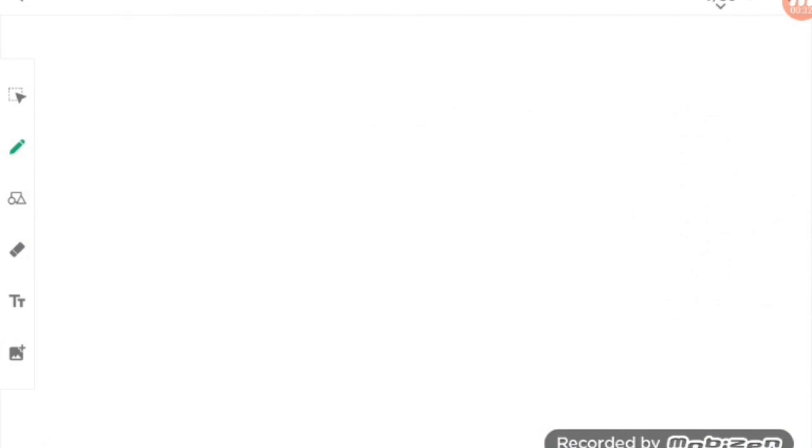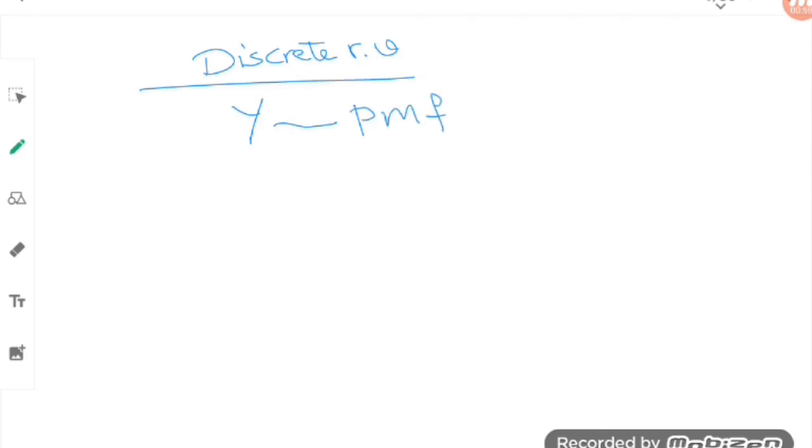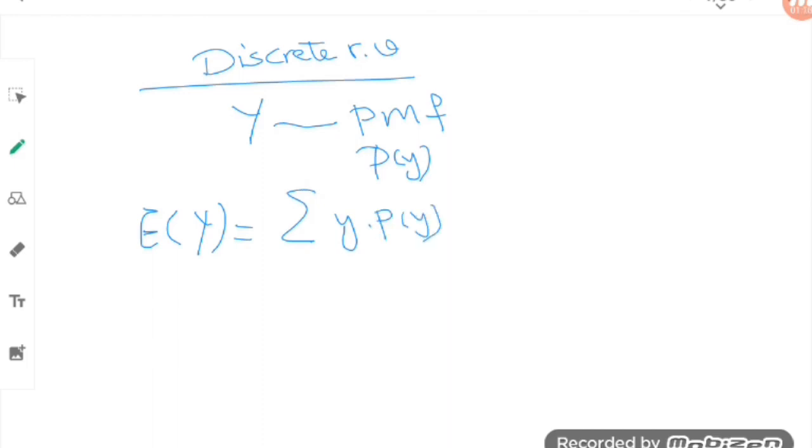When we have y as a discrete random variable with probability mass function p of y, and we need to find the expectation, which measures the center of the probability mass function, it can be computed as the summation of all values of y times their probabilities. This summation is computed over all the values of y.